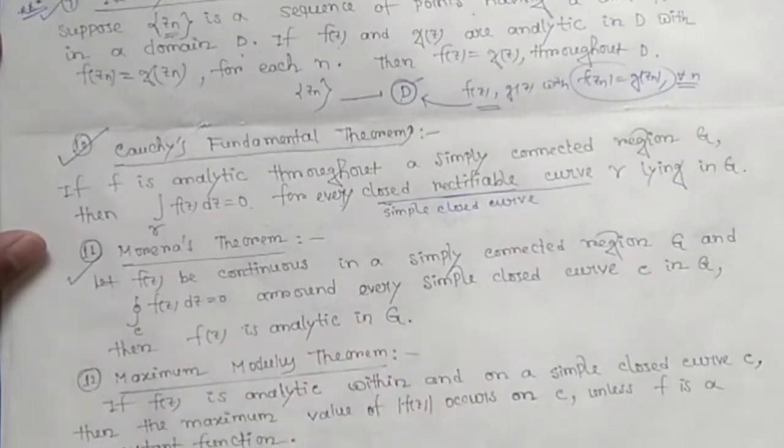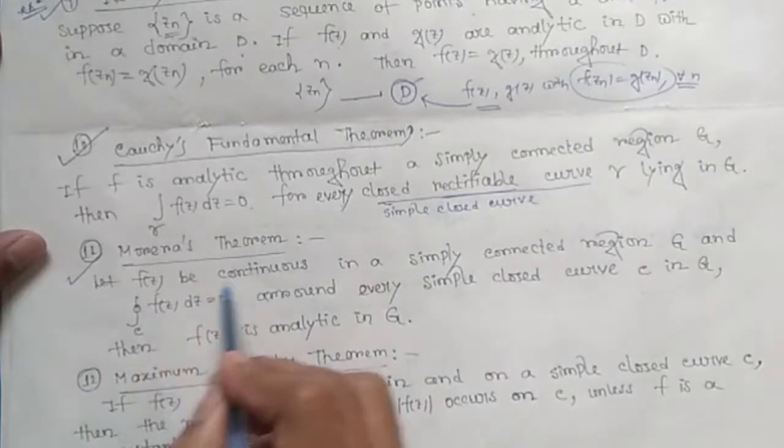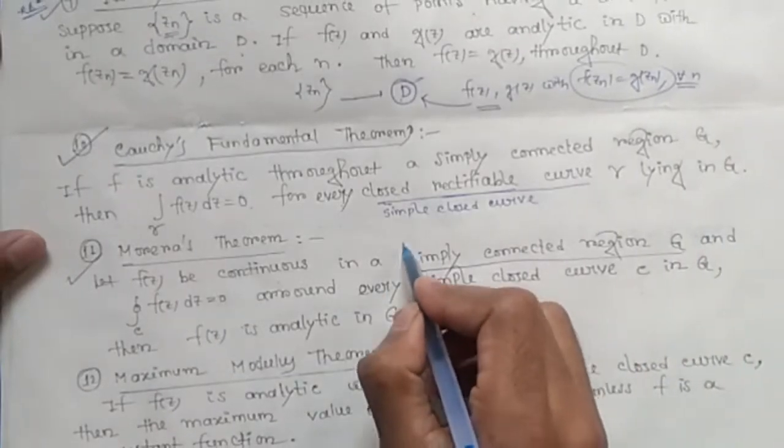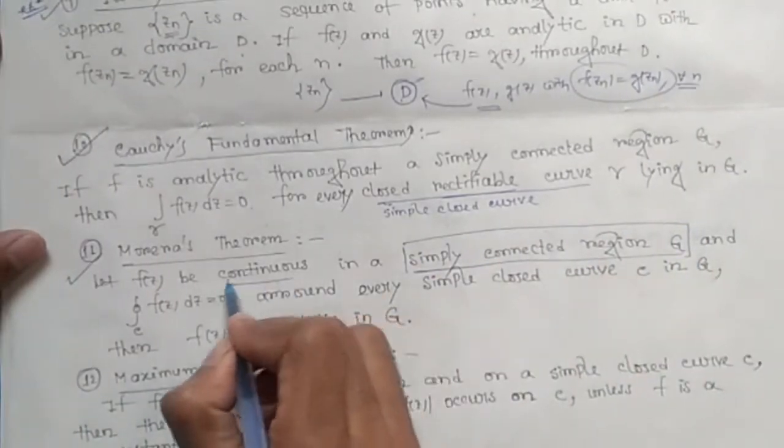Now 11, Morera's theorem. Also you can say that it is the converse of Cauchy's theorem.